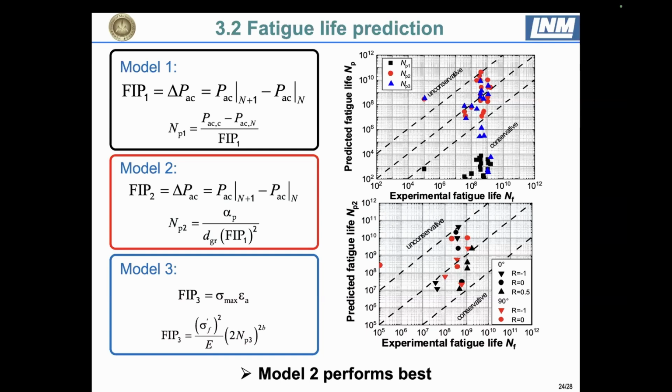We assume that later on, the damage is not so big. And we can see that model 2 performs best, because in our analysis the damage is very local, located only in the pores or in the non-metallic inclusions. So model number 2 performs best.